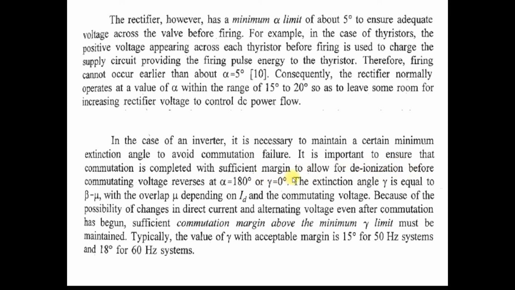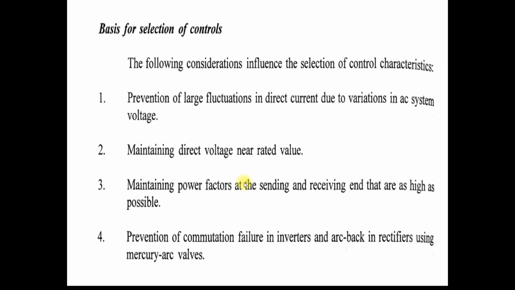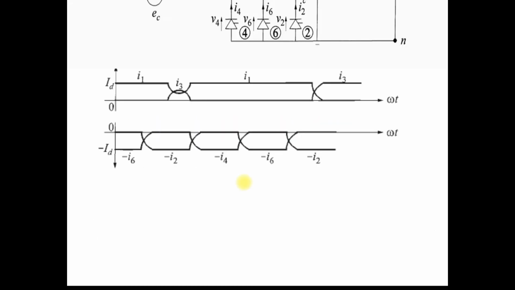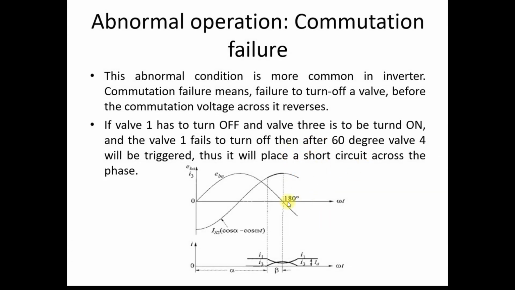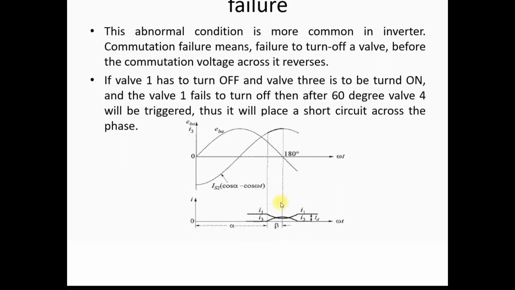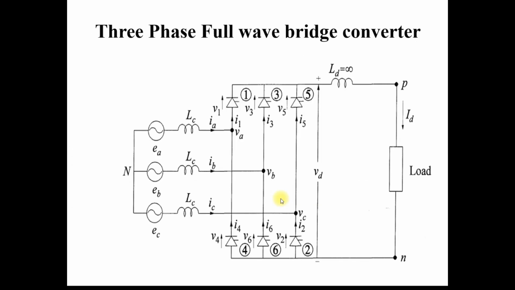This deionization must be completed before the commutating voltage becomes reverse at alpha 180 degree. As we see in the waveform of the inverter operation, at 180 degree the commutating voltage becomes negative at this point. Clear? So before the commutating voltage becomes negative, the commutation is completely over. For that you provide sufficient margins. Clear?